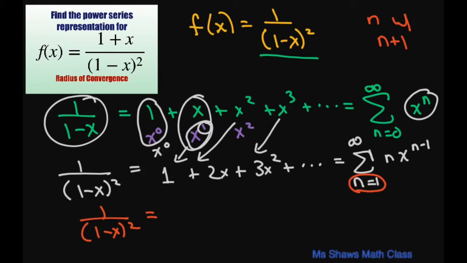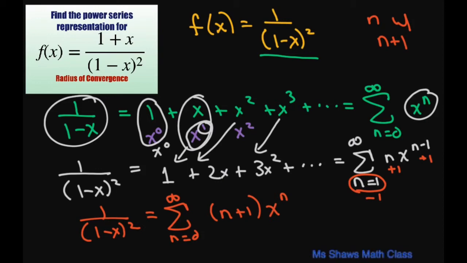So I can go back to 0, and that means I'm going to add 1 here. I've subtracted 1 here, add 1 here. And this is going to give you n plus 1 times x to the power of n.